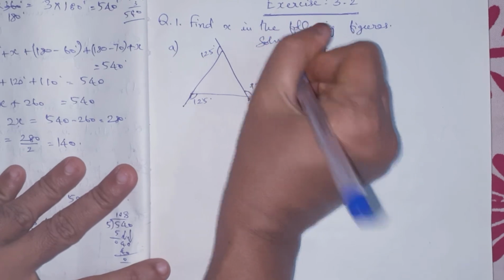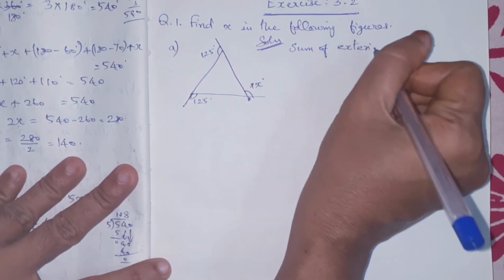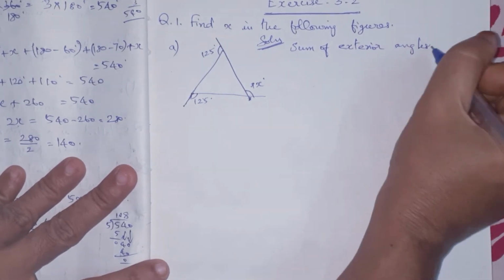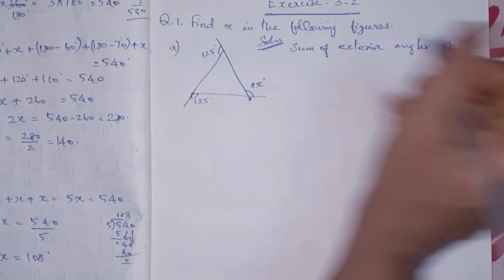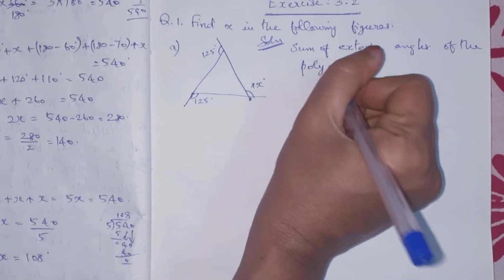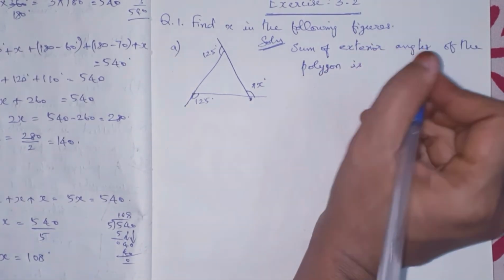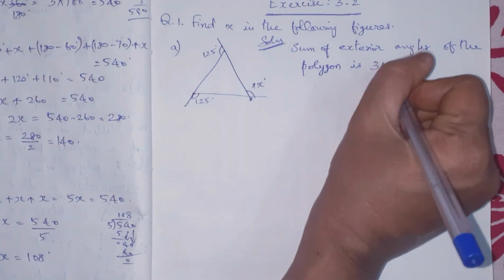Solution: the sum of the exterior angles of the polygon is 360 degrees.